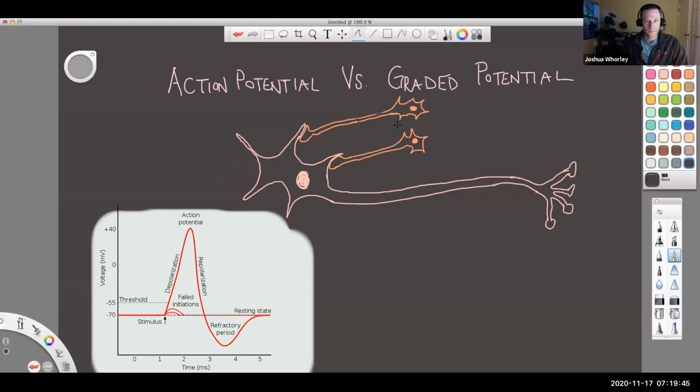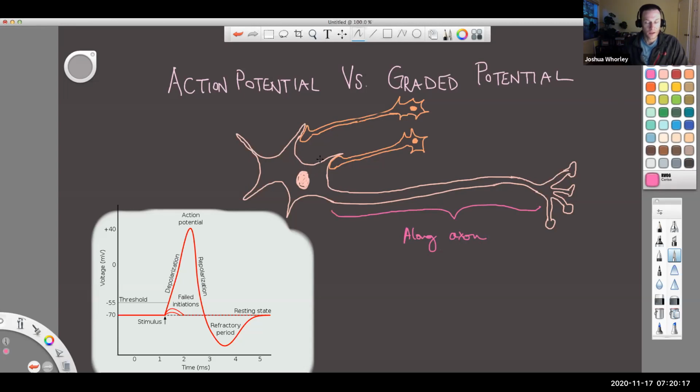Okay, so let's think in terms of where these occur. Action potentials, we know that they occur along this line here, or this axon here. So action potentials occur basically all along the axon. And graded potentials, on the other hand, are occurring here at the dendrites and the soma.